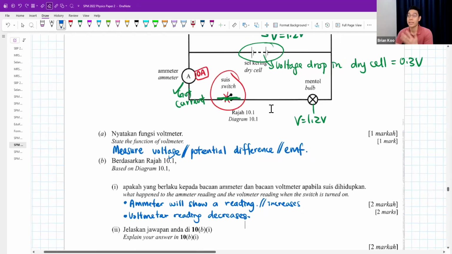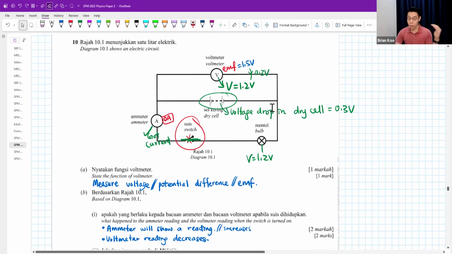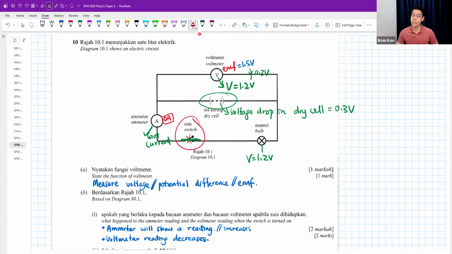Just now, for example, the e.m.f. was 1.5. Now you connect, and the moment you have current flow, it will not give you the e.m.f. anymore. It is not measuring the two ends of the battery only. There is current flow, which means the current will flow through the dry cell. And please also know the dry cell has resistance, called internal resistance.